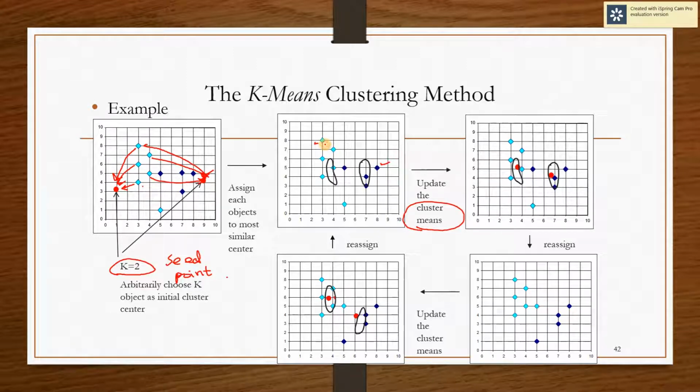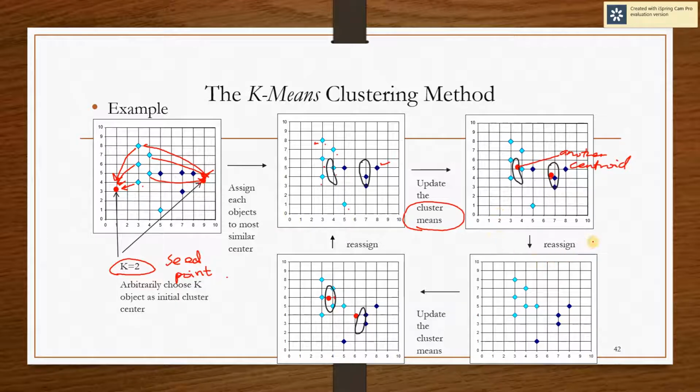You have to calculate the mean of all of these points to create another seed, another centroid. So this centroid is basically defined based on the calculation of the mean from the first cluster here, and the same goes for this deep blue cluster here. It will get its centroid here.